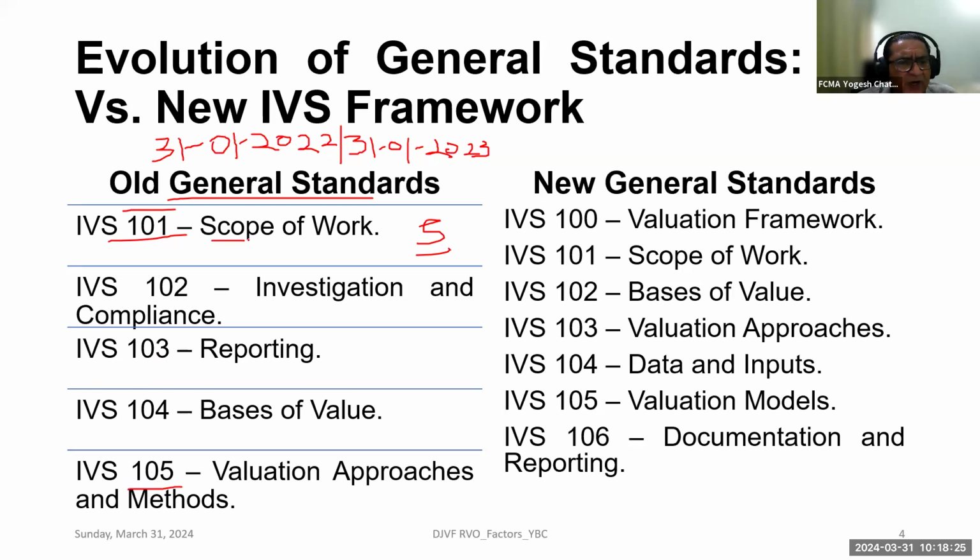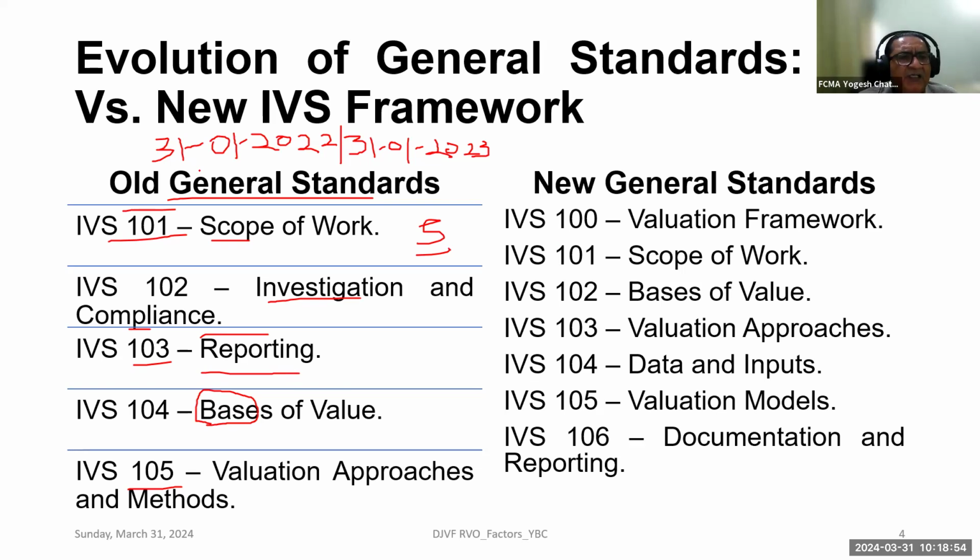So there are five general standards. The scope of work, the process of due diligence, that is investigation and compliance, and guidance on the valuation report we can get from IVS 103. The basis of value, as its name suggests, is the base. Base means foundation. Those of us who are from the land and building asset class will appreciate the importance of a foundation structure in a building.